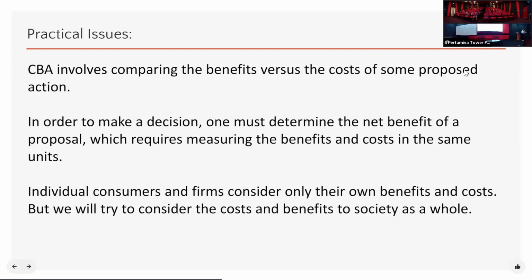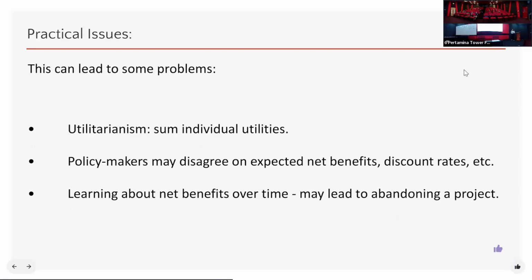Everything has to be in the same unit in order to do this. Individual consumers and firms consider only their own benefits and costs, but we're trying to consider the costs and benefits to society as a whole. This can lead to some problems.